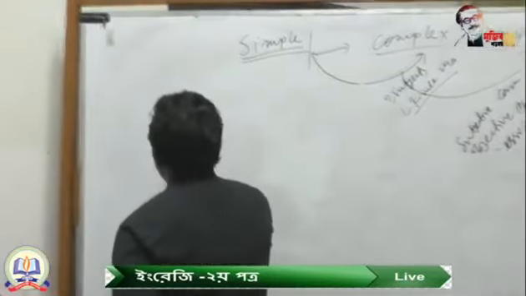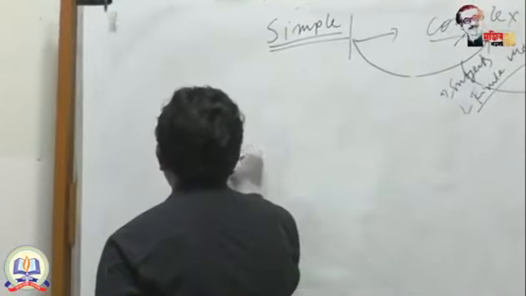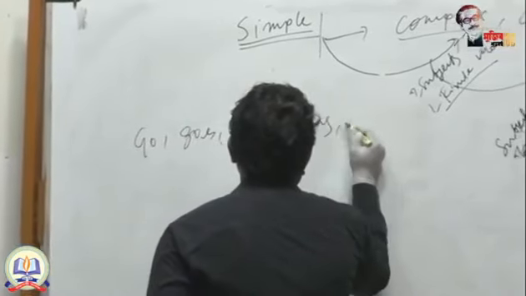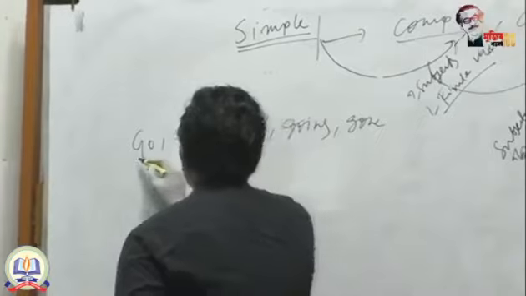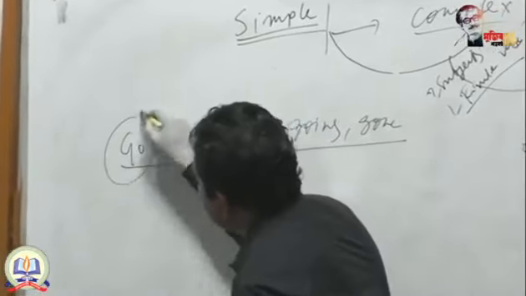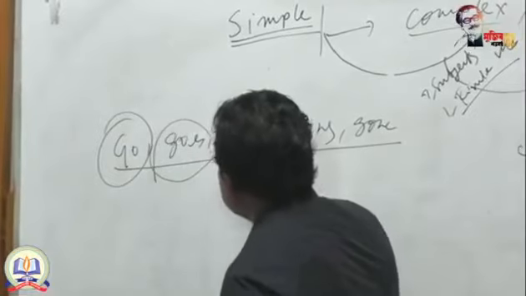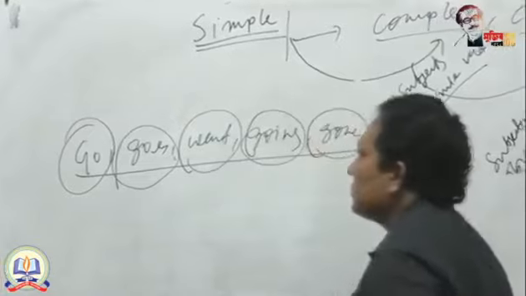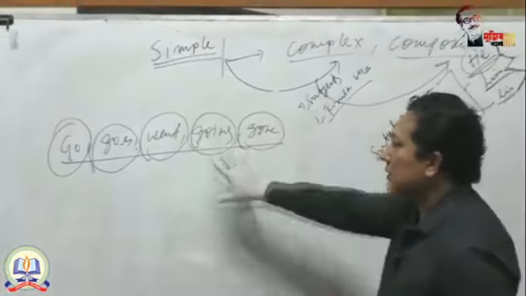You are getting 5 forms of verb. Suppose go, goes, went, going, gone. These are the forms of a verb. That means a verb can be changed into 5 shapes.